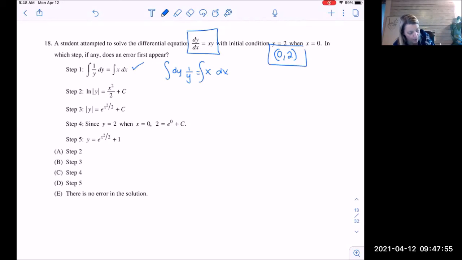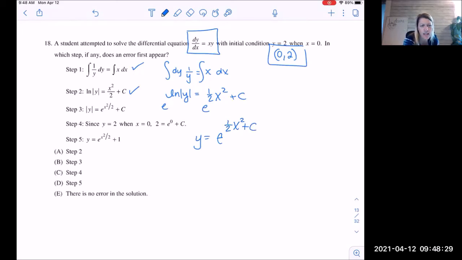And then the integral of 1 over y, that's natural log y equals 1/2 x squared plus c, which they do. And then I'm going to e both sides. So I get y equals e to the 1/2 x squared plus c.